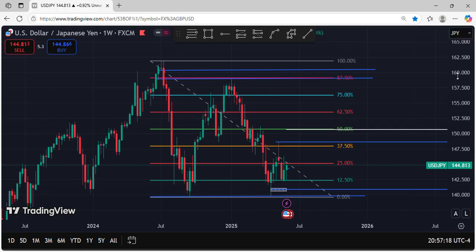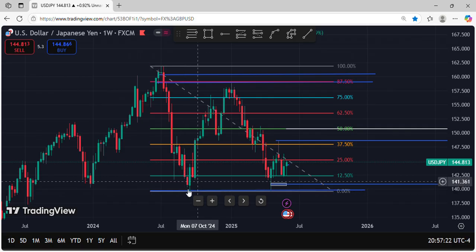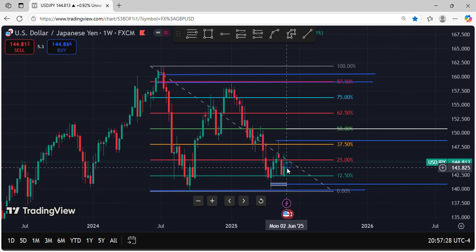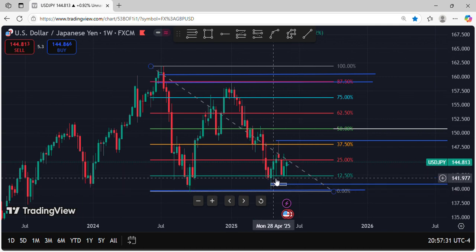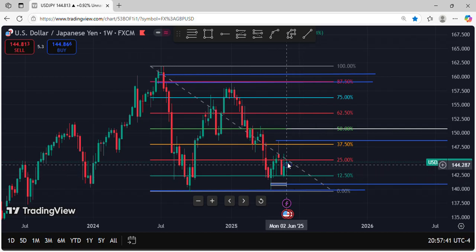Initially I wanted to see price go below because of this double bottom or equal lows that sit here. So I wanted price to actually break this and take this low, but at the moment price is failing. Price is failing when we have seen support from this 12.5 level, and then we are pushing up.